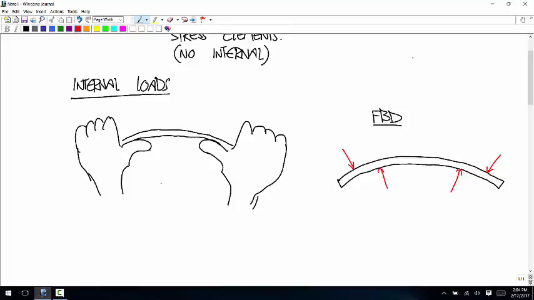But you probably know from experience that if you do this until the pencil breaks, it's not going to break at any of those 4 points. It's going to break somewhere in between these two. And so calculating just the external loads on an object isn't enough to predict where it's going to fail.